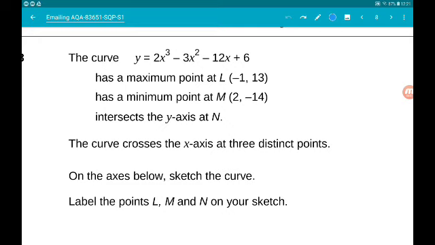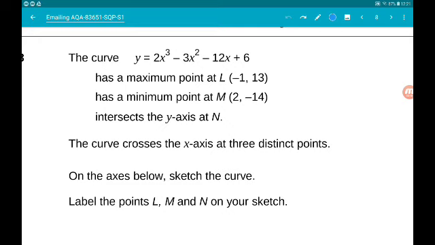The curve crosses the x-axis at 3 distinct points. On the axes below, sketch the graph of this function, labelling L, M and N.